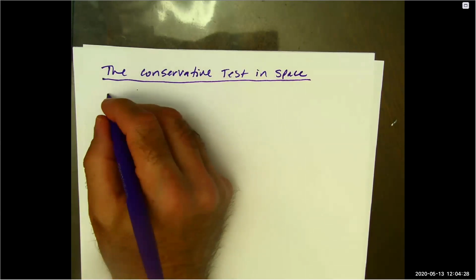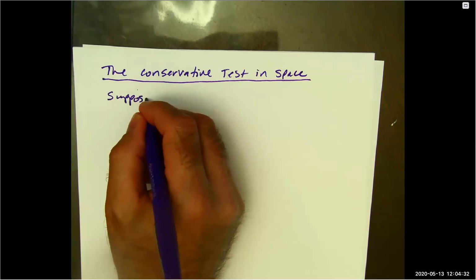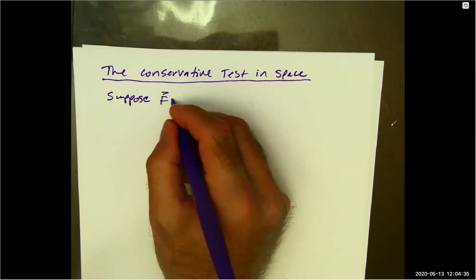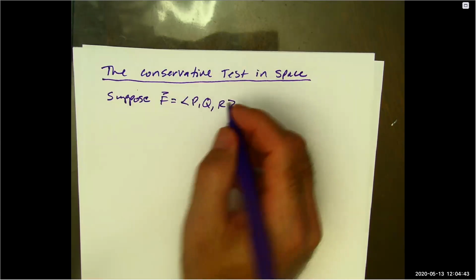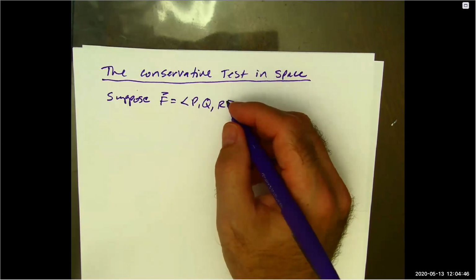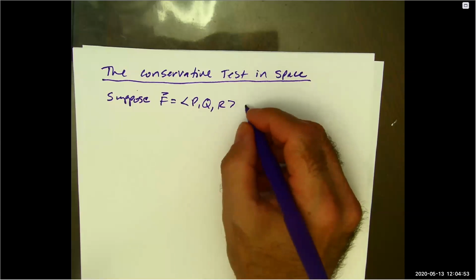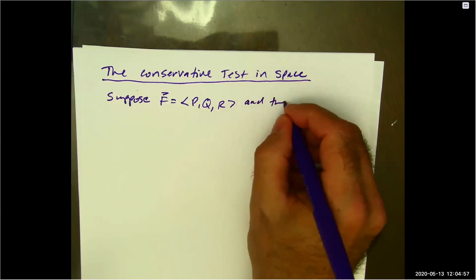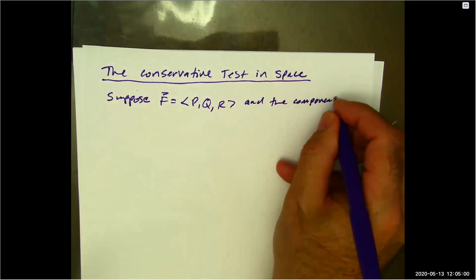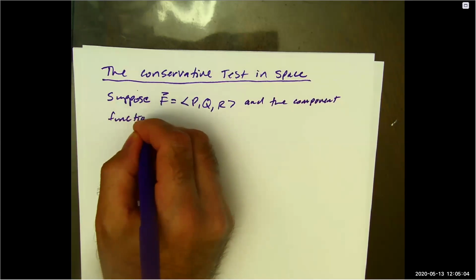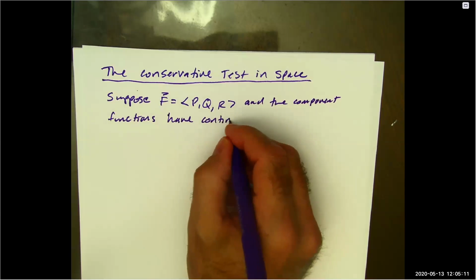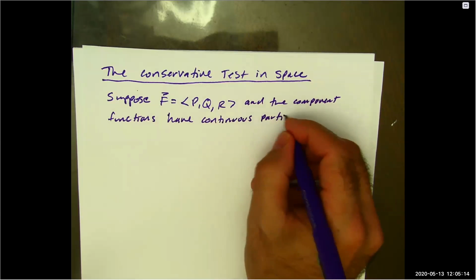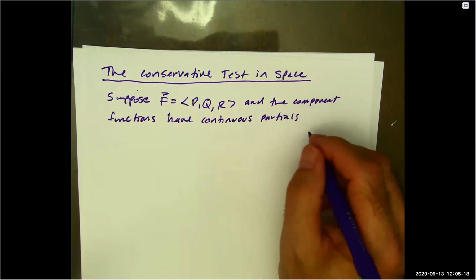We're going to suppose F is equal to P, Q, and R, and F has continuous partials on an open region D in space.